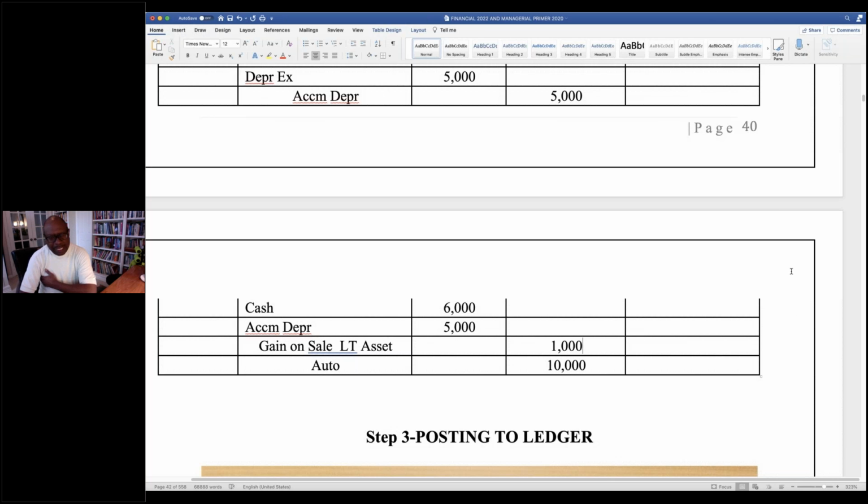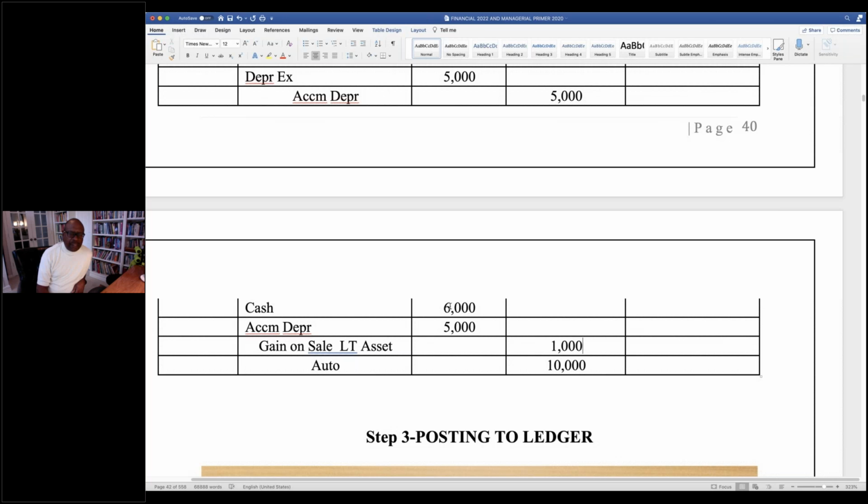So remember we talked about you only get a gain if you sell it for more than what it's worth. The gain is going to be whatever makes this equation balance. You've got to put down the auto, the cash, the accumulated depreciation, and the difference. In this case, we had a gain of $1,000.